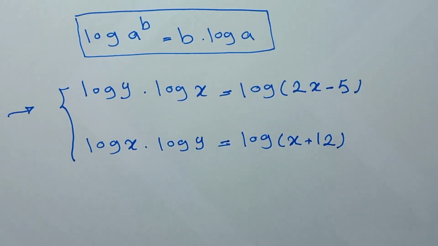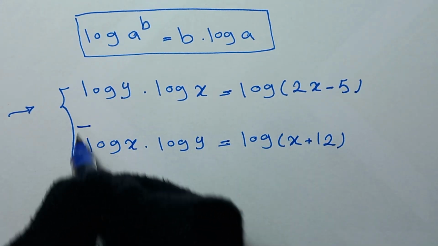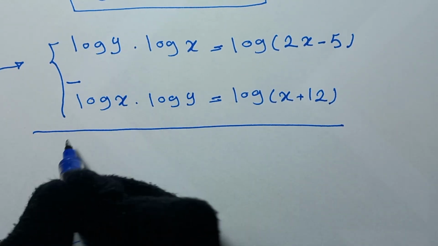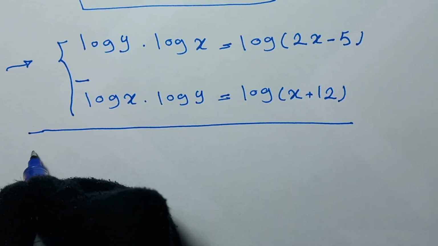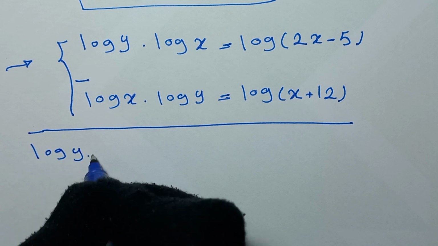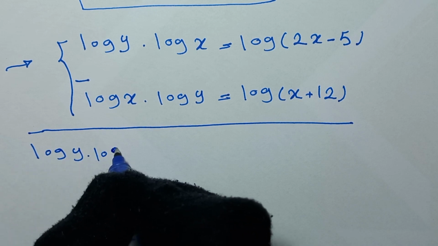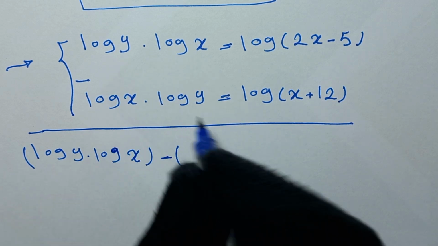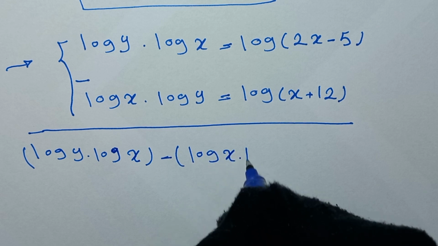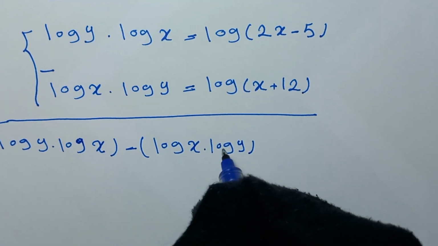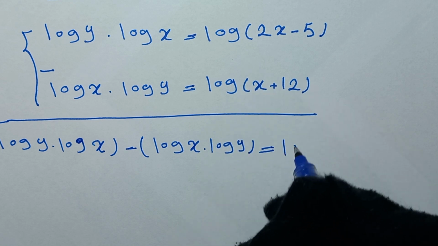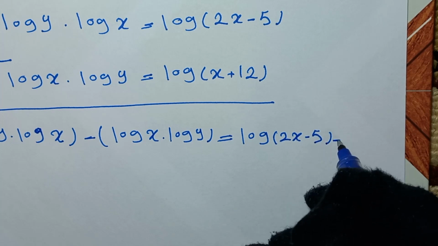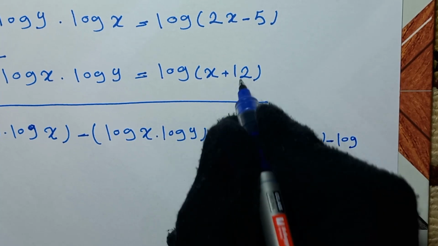And in the next step, we subtract these two equations, so it will be this minus this. For this side we have log y times log x minus log x times log y is equal to this minus this, log 2x minus 5 minus log x plus 12.